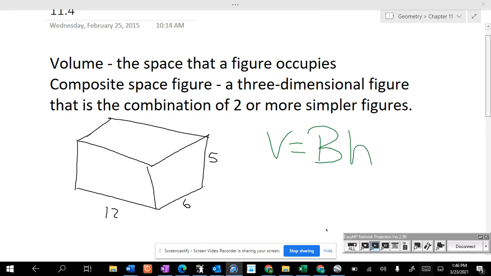It's made up of a hemisphere at the bottom, then a cylinder on top of that, and then a cone on top of that, like our old water tower, kind of by Lincoln School. That's a composite space figure. You find the volume of each of those, and you add them up to find the volume of the whole water tank.